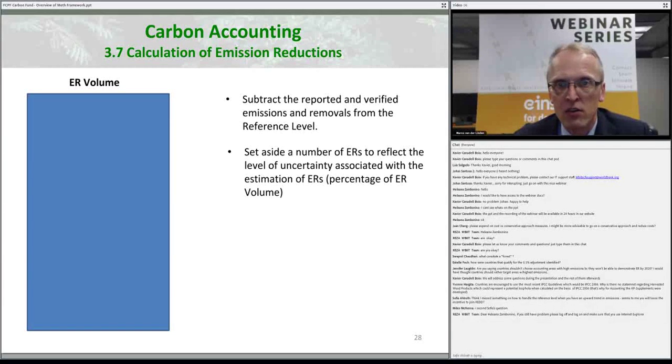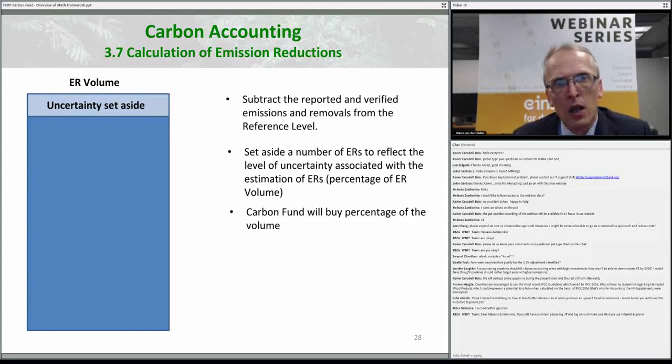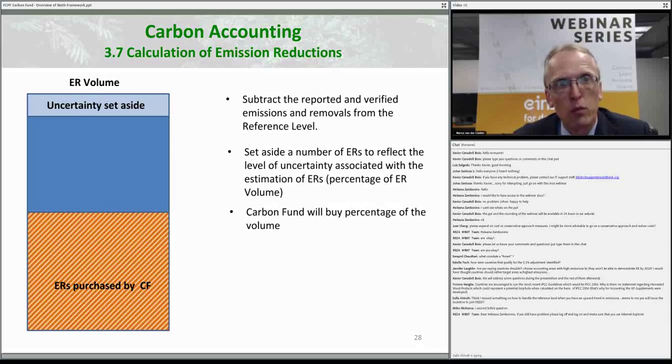So that set aside is a percentage of your ER volume. So out of the big blue bar, part of it will be set aside in a buffer to deal with the uncertainty. Then the carbon fund will buy a percentage of the volume. So let's assume that the orange striped bit of the bar is what the carbon fund buys.